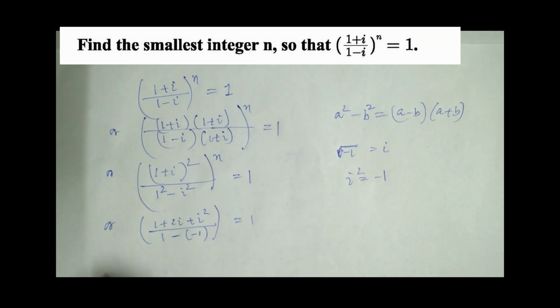So (1 + 2i + i square) over (1 - i square), with i square equal to minus 1, gives (1 + 2i - 1) over (1 + 1), whole to the power n, is equal to 1.